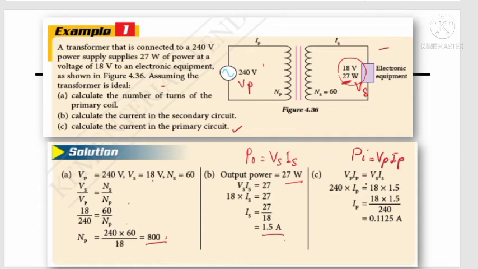So VPIP equals VSIS, if we assume this is an ideal transformer, then we can apply this relationship. The word ideal is here. So calculating for IP, we get 0.1125 ampere.